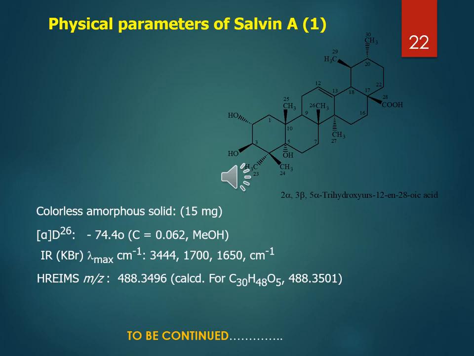The HR-EIMS mass over charge ratio is 488.3496, that is the molecular formula and molecular mass of this compound. The calculated molecular formula of this compound is C30H48O5, that is equal to 488.3501.